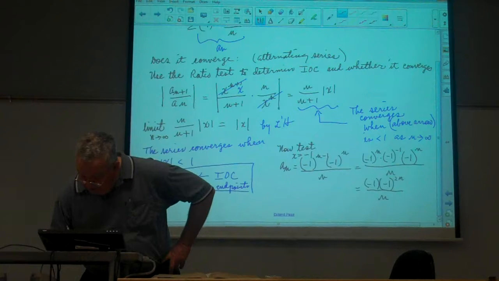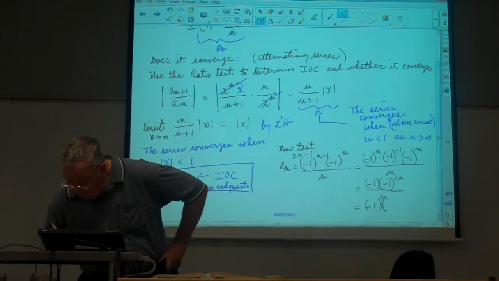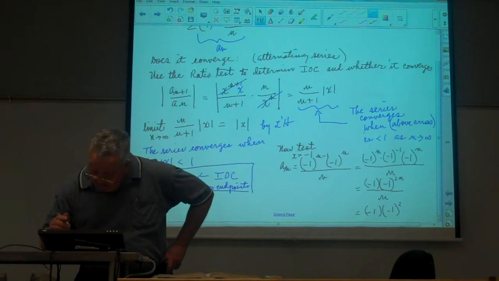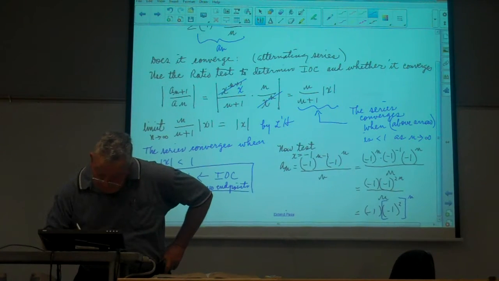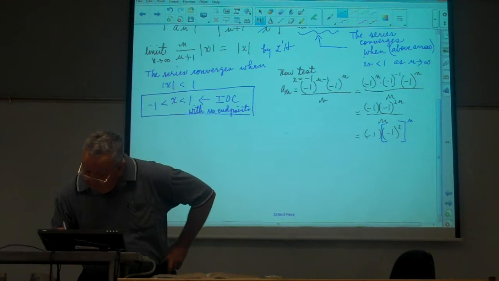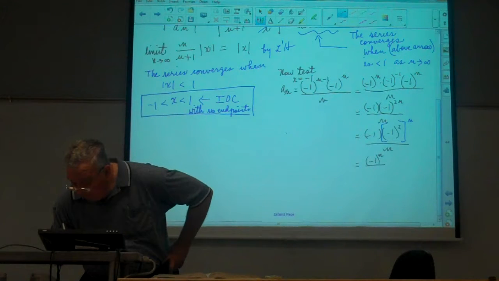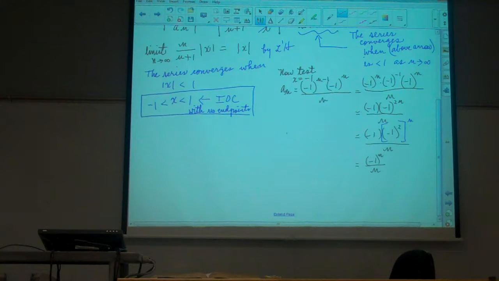But I think that's equal to minus 1 times minus 1 squared over n. Yes or no?